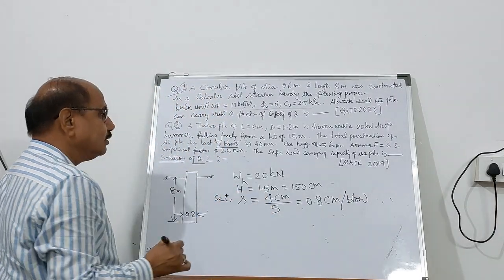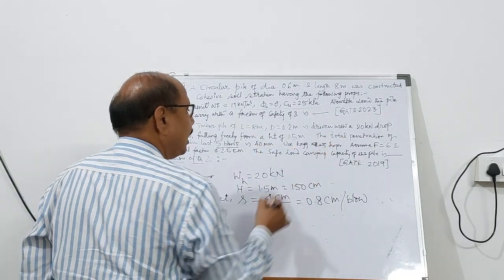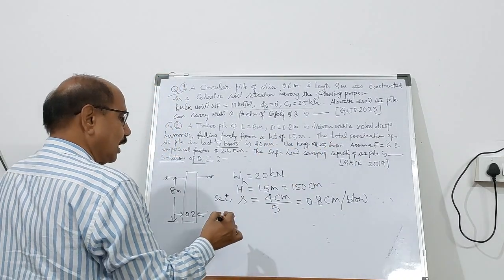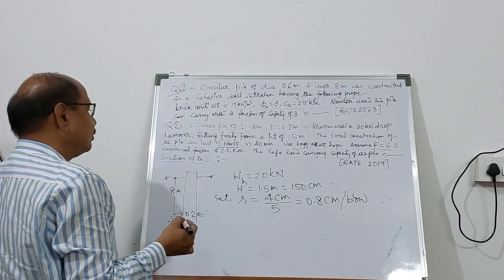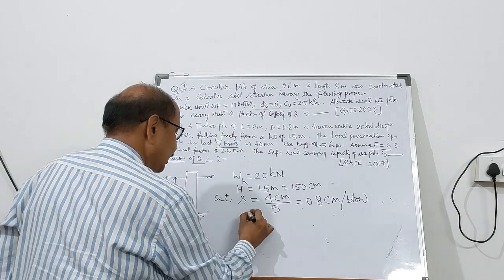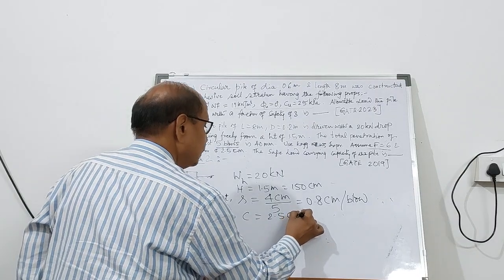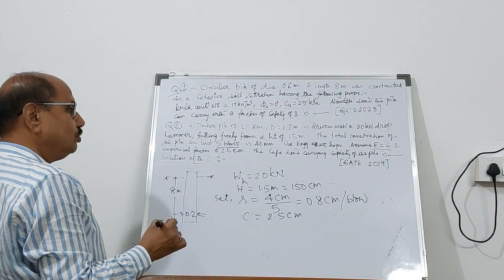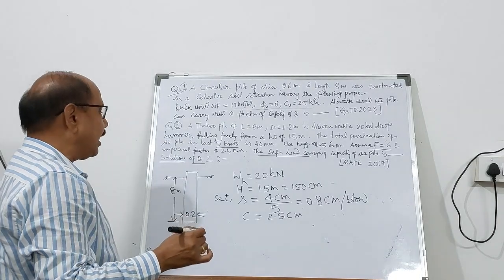Use the engineering news formula, where the factor of safety is given as 6 and the empirical factor C is given as 2.5 centimeter.